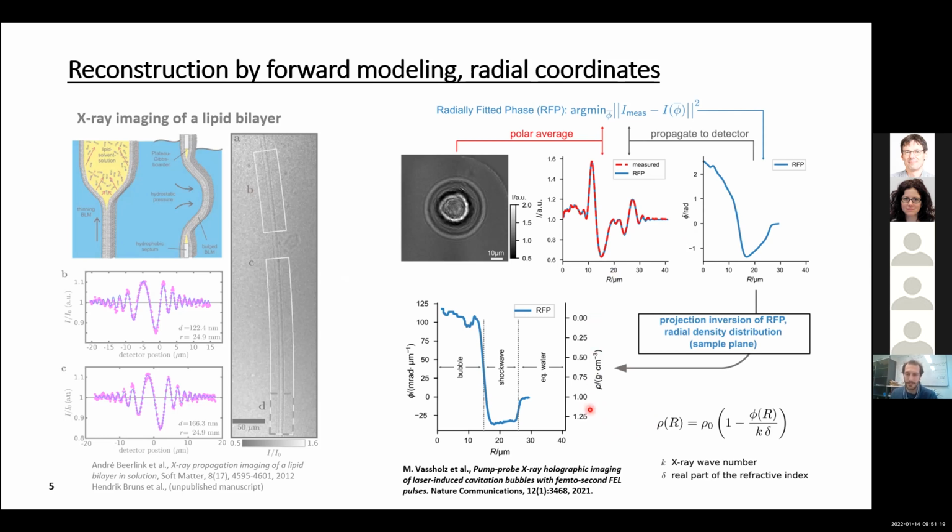So here on the right ordinate, already the mass density is plotted. And you can see the different regions here. In the center, there's basically the cavity, the bubble has been formed. Then we have a region of shock compression with densities up to 1.4 grams per cubic centimeter, sorry. And beyond the shock front, of course, there's equilibrium water.